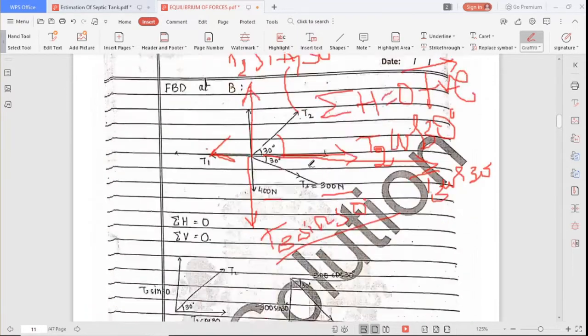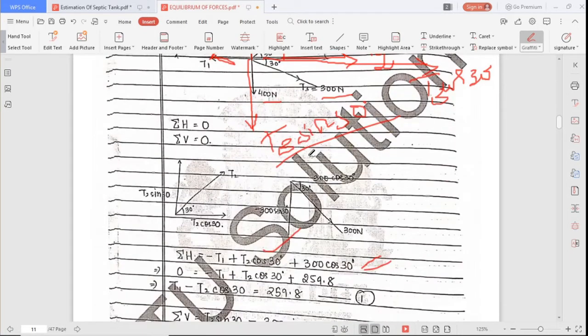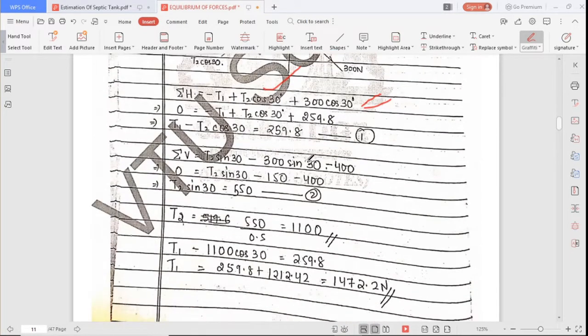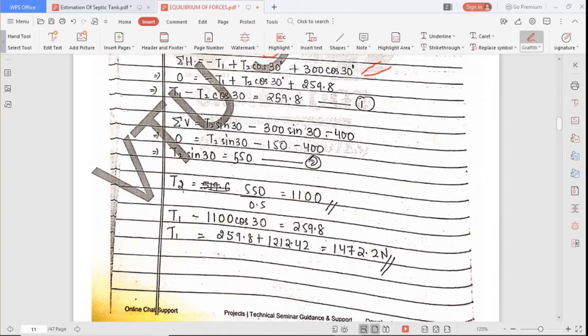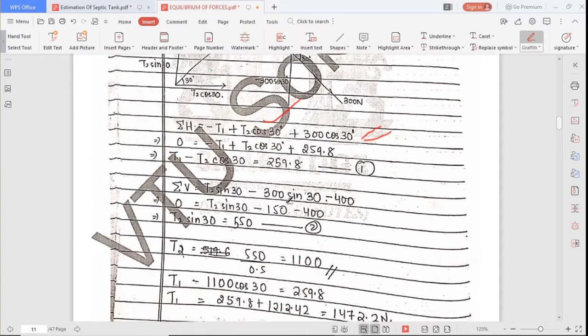So what is this 150? T3 sin 30, that is 300 into half, that is 150, minus 400. So we'll get an equation for T2 also. Then solve equation number 1 and 2.